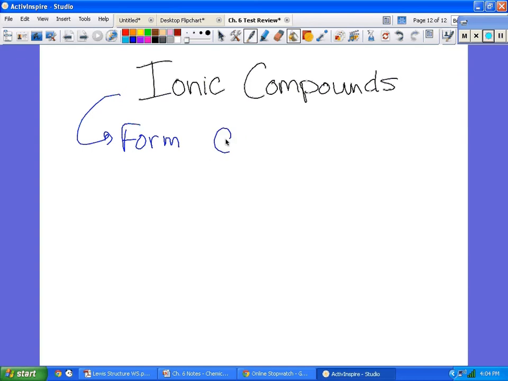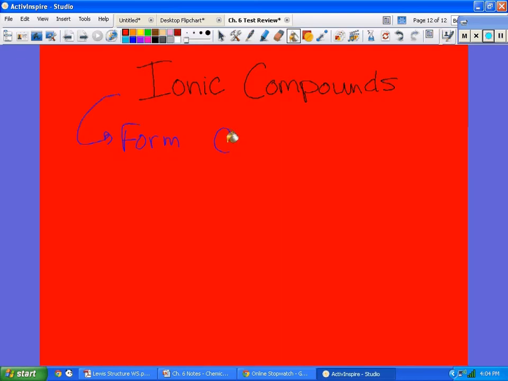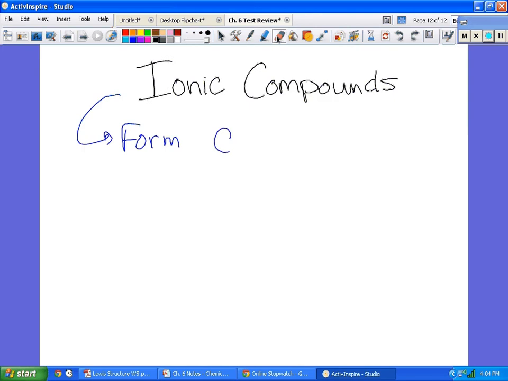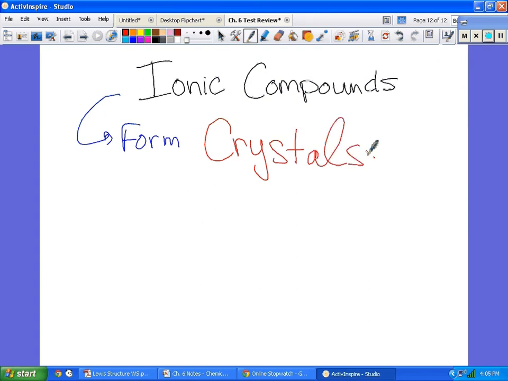Okay, so next bullet. Know how the chemical formula in an ionic compound is represented. Crystal is, I think, what I'm trying to get out of here.